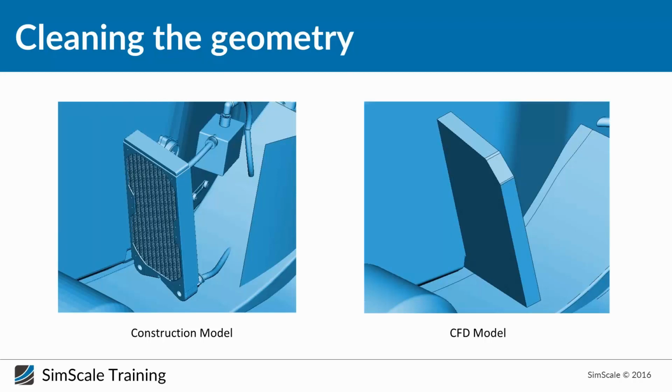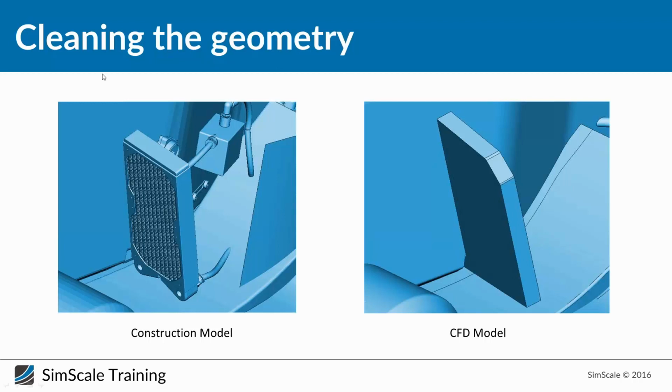One of the most important simplifications, and we have talked about this a lot during the previous workshops, is the radiator. Because in real life, the radiator is created by hundreds of elements, some fins in the vertical and horizontal direction, and there are a lot of elements over there.